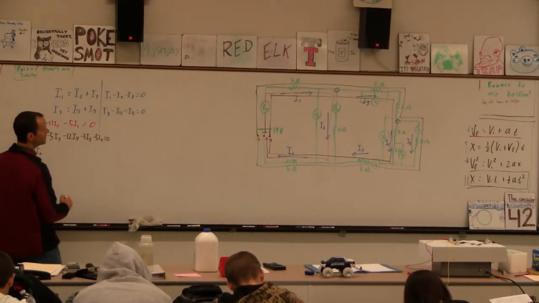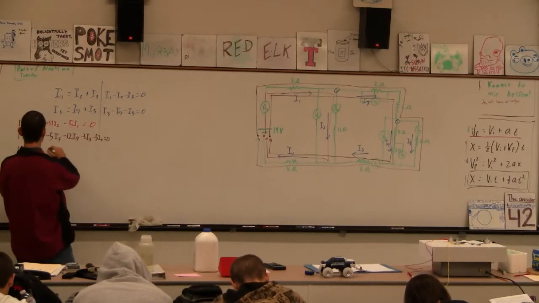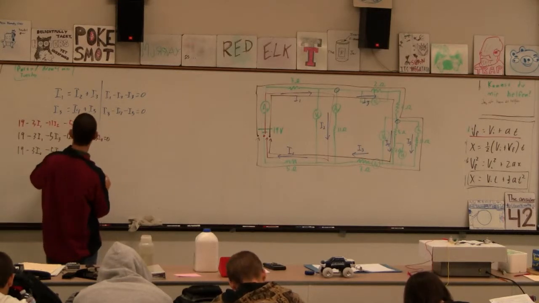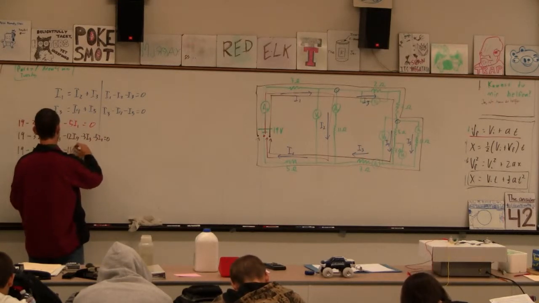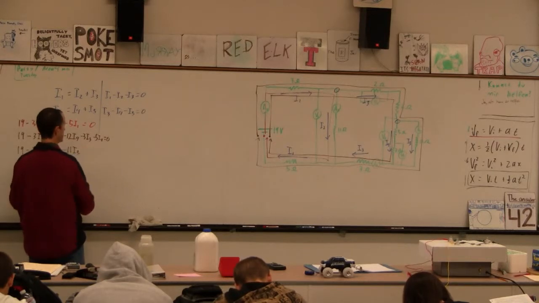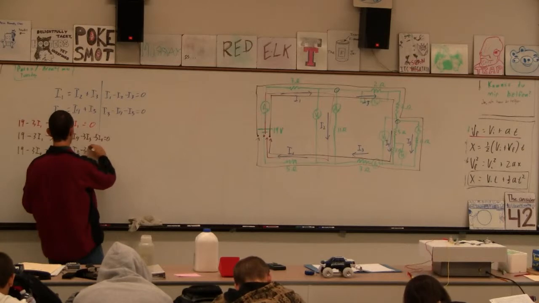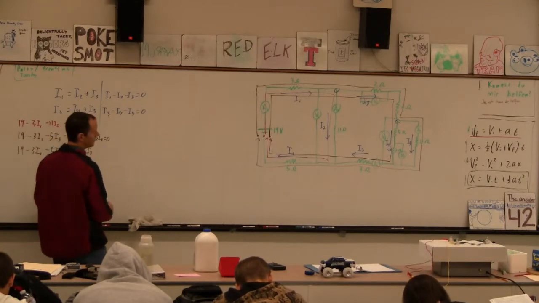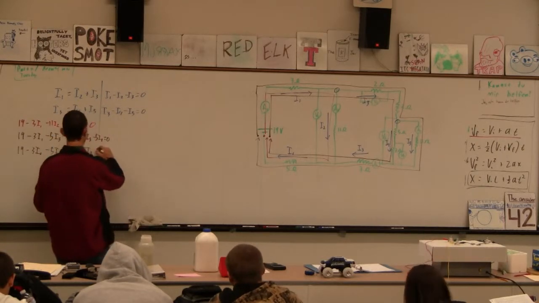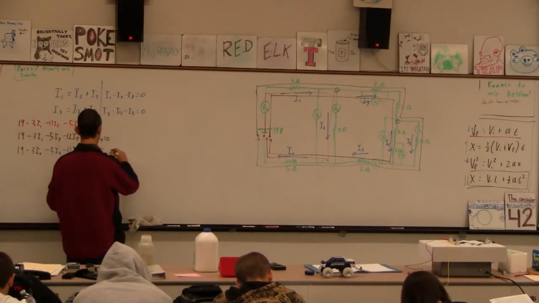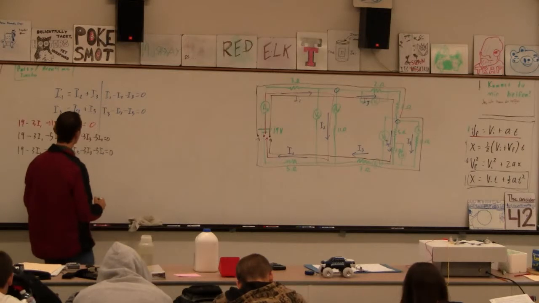And then we still had to do the minus 5I3. Okay, and now we do, what is it, minus 11I5, is that right? Okay, and then still we've got to do the minus 3I3. And then we've got minus 5I1. Yeah?